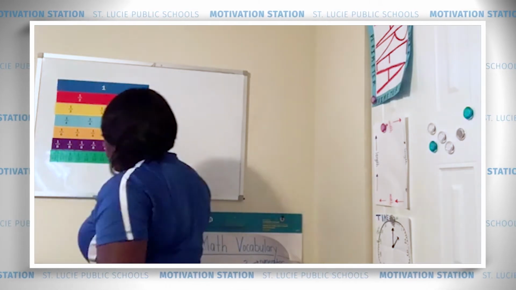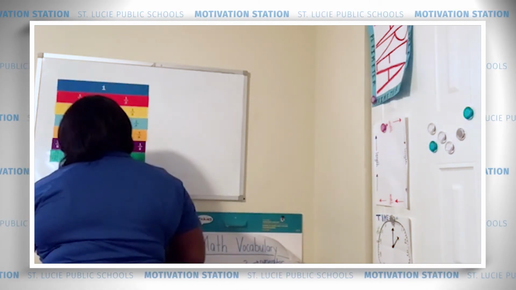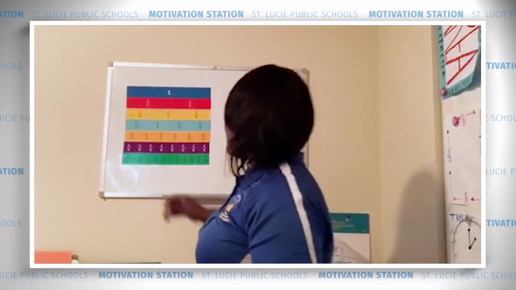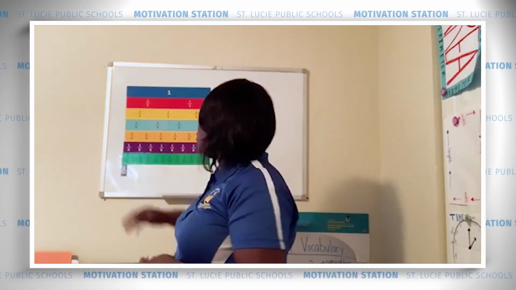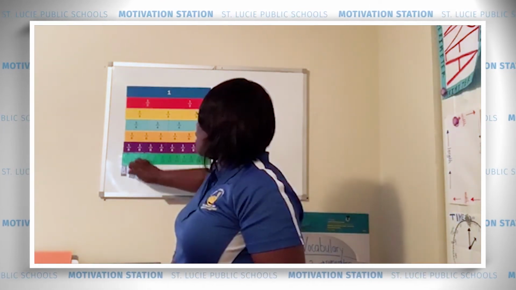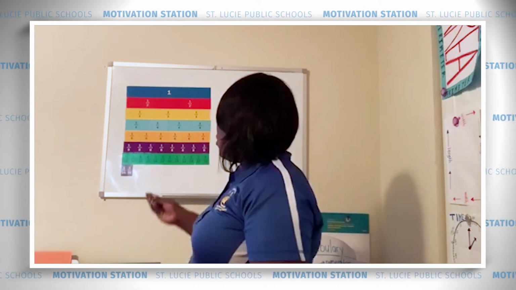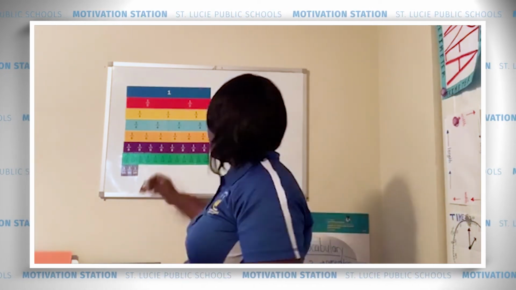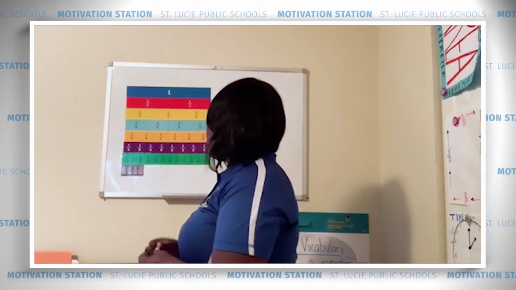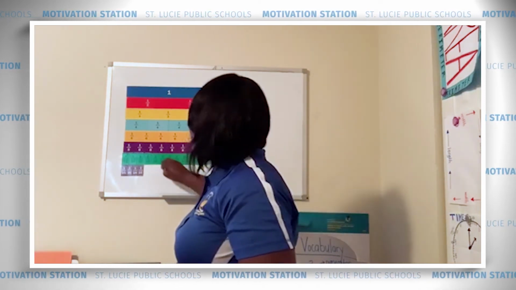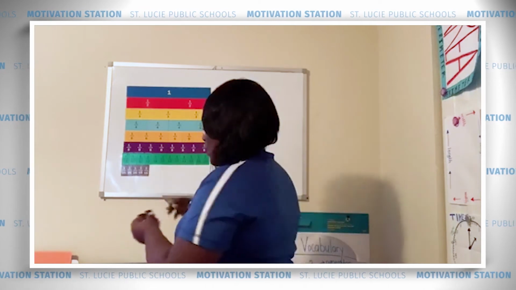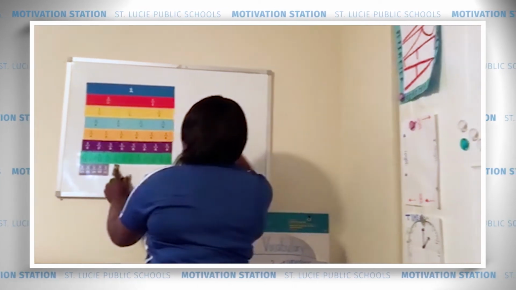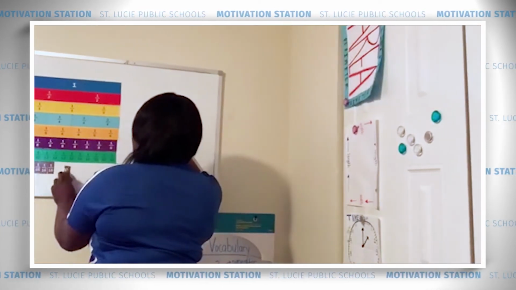But the one thing that I want you guys to pay attention to is how all of these fraction strips are the same length as one whole. So all of the 12ths are one whole. All of the 16ths will match the length of the blue one whole strip. So at this point, we need to focus on how many of those pieces does it take to match the size of the one whole.